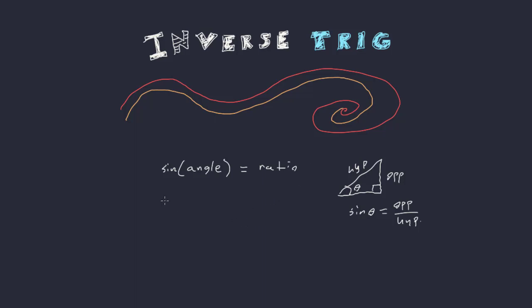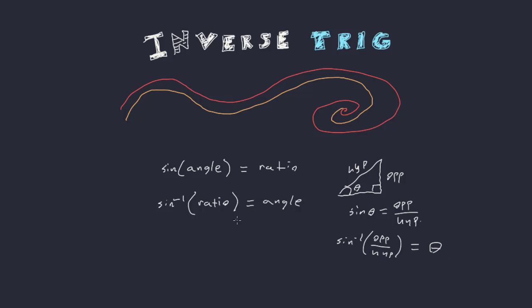The inverse trig functions just work the opposite way. With sine inverse, we give it a ratio, and it tells us what angle would be required to get that ratio. So we would give sine inverse the ratio opposite over hypotenuse, and it would give us the angle theta.